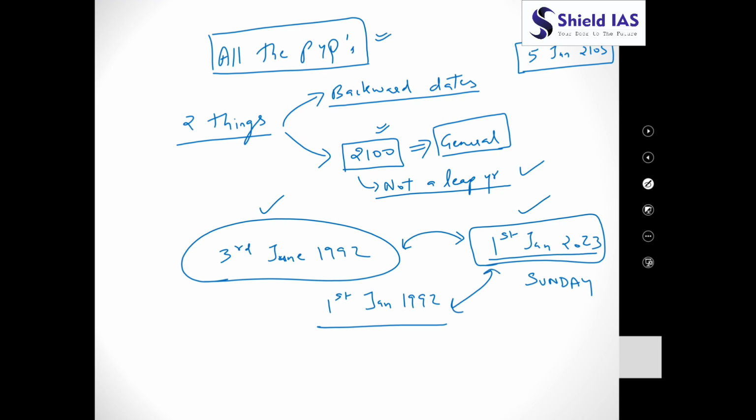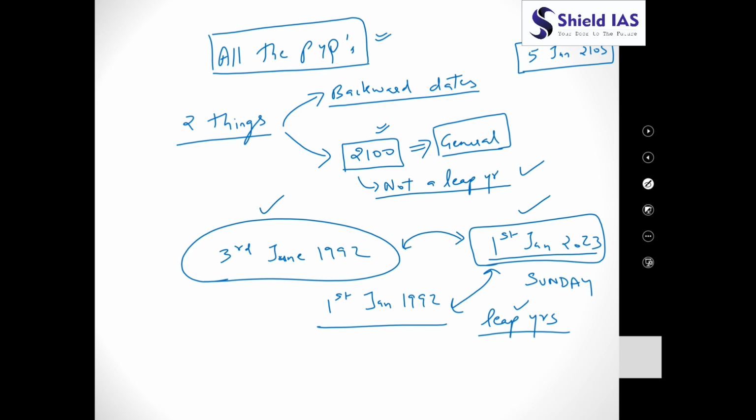Yes, calculate the number of years between 1992 and 2023. Then you have to calculate how many leap years are there between 1992 and 2023. If you get the number of leap years correctly and the number of years also, then you can translate it as number of days. One leap year would be equal to 2 days and one normal year would be equal to 1 day.